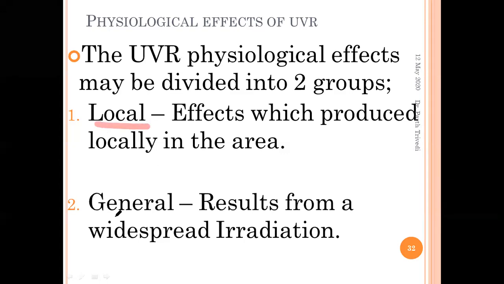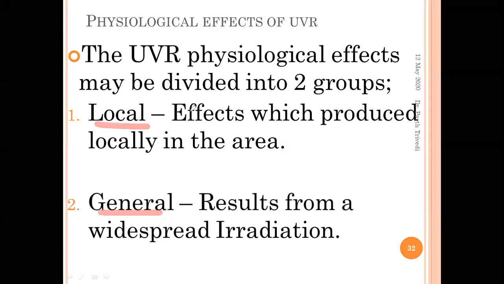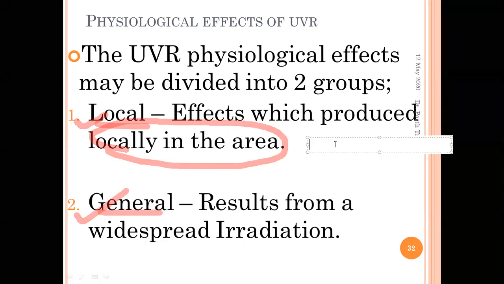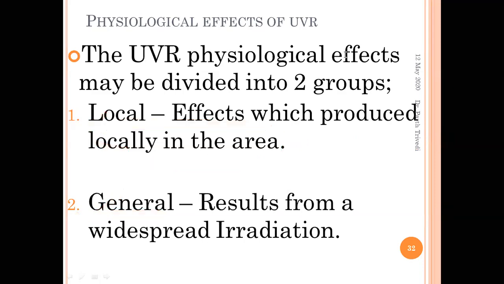One is local and another is general. The effects which are produced locally in the area are known as local effects, and systemic effects after UVR therapy are known as general effects. Local effects are where the treatment is given, and widespread irradiation produces your general effects.